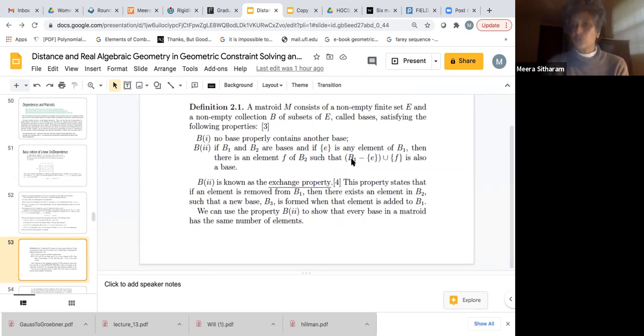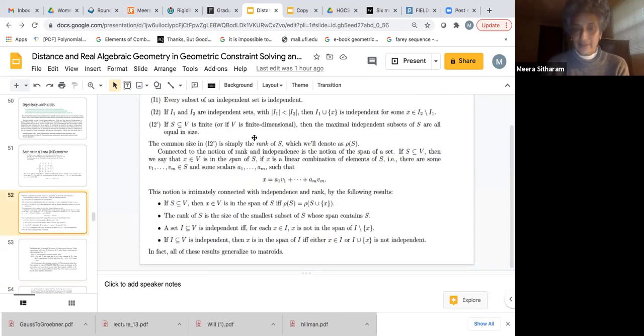So now B1 is one smaller than the other base, and you should be able to find an element of the second base that you can add to it. It's basically the same axiom that we had here. That's exactly what this is.